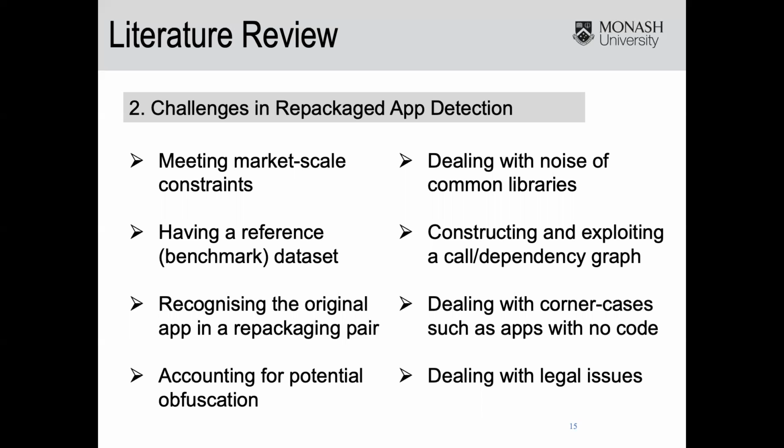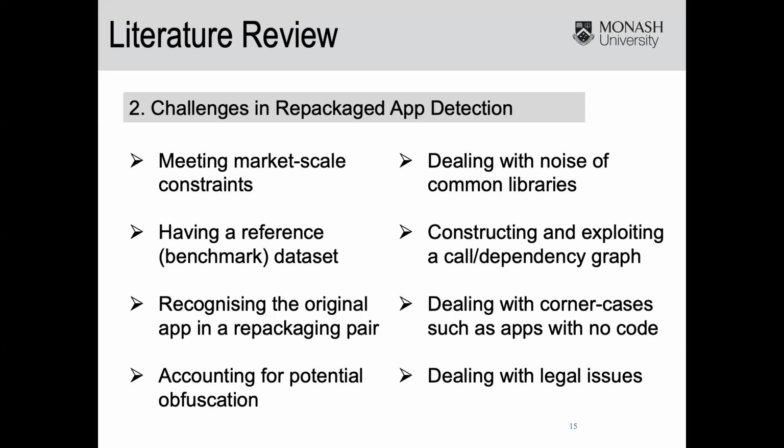And also, malicious authors may decide to apply some advanced obfuscation techniques to obfuscate their changes. And how can their approaches efficiently and effectively deal with those obfuscation techniques? It's also challenging. And another challenge is to deal with the noise of common libraries.